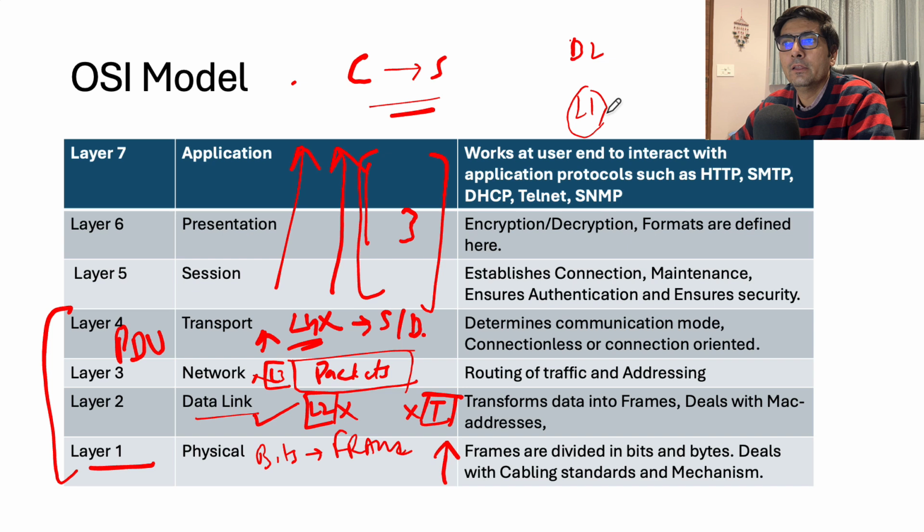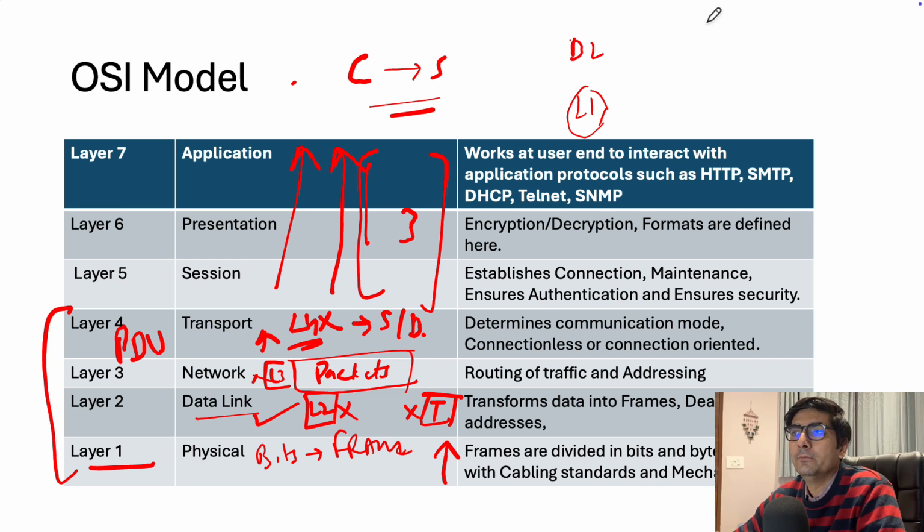All right, and your FTP application, where does it work? Application layer. So all the applications will work here, along with the role of the presentation layer and the role of the session layer.